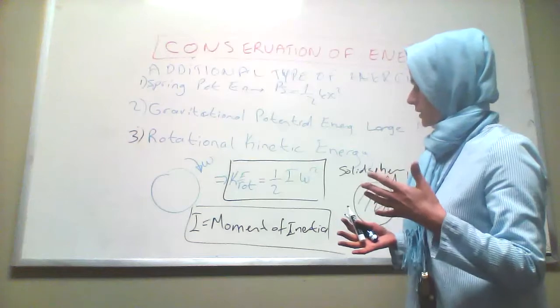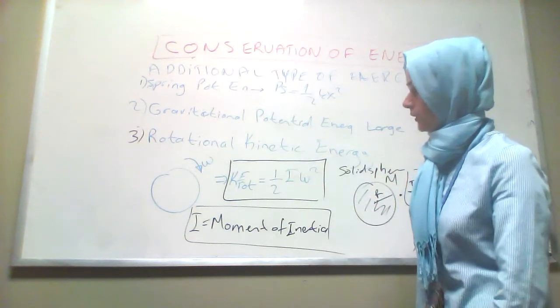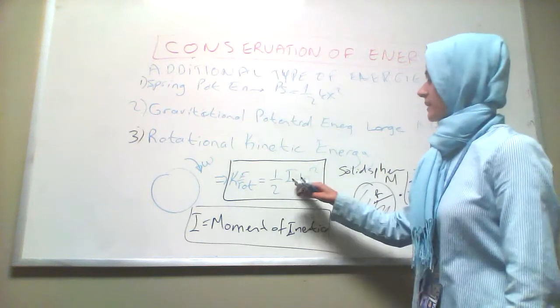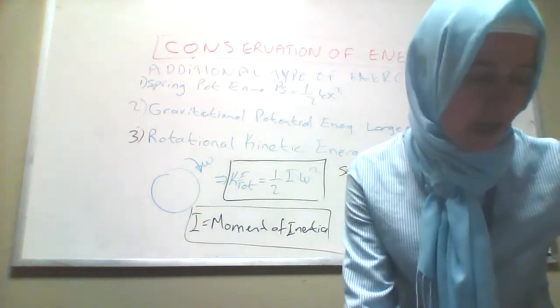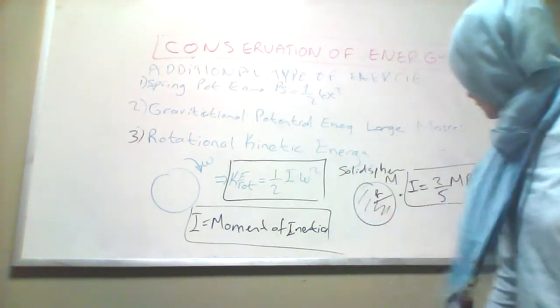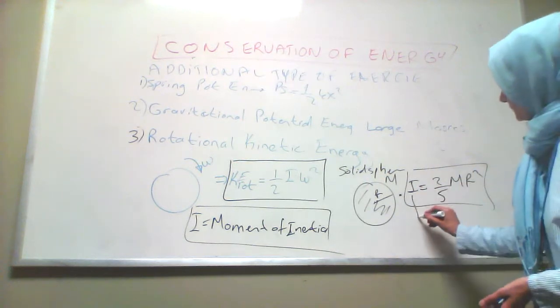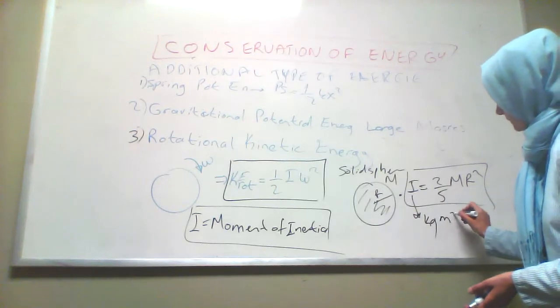Actually, there will be a question generally asking what is the rotational kinetic energy of an object with an angular velocity, let's say 2 rad per second, which has a moment of inertia as 2 kilogram times meter squared would be the unit for moment of inertia. Kilogram here times meter squared.